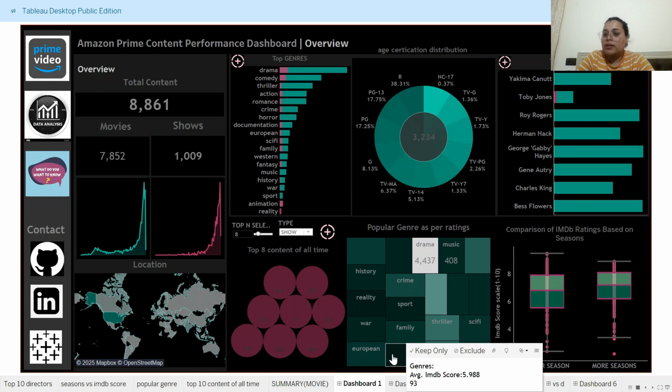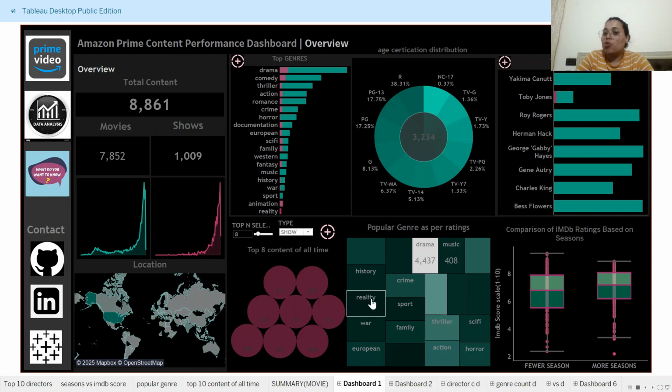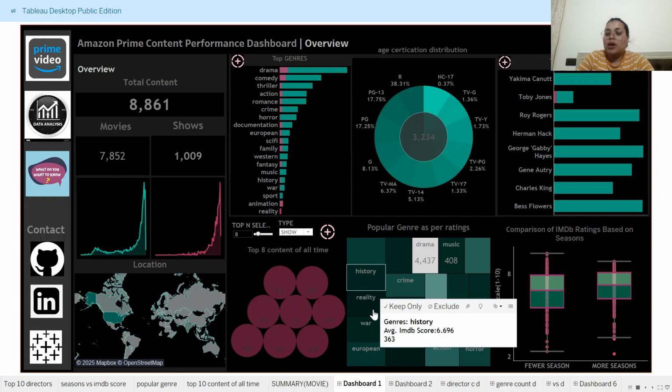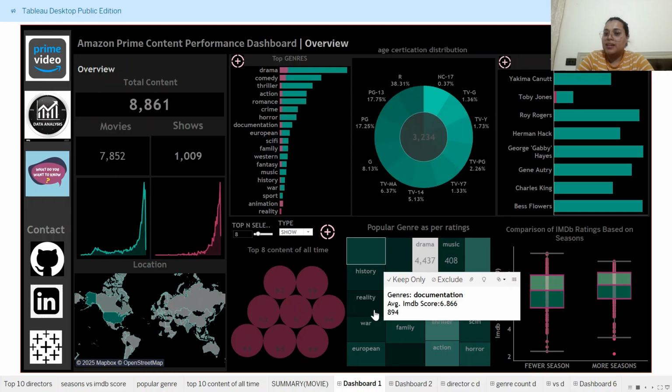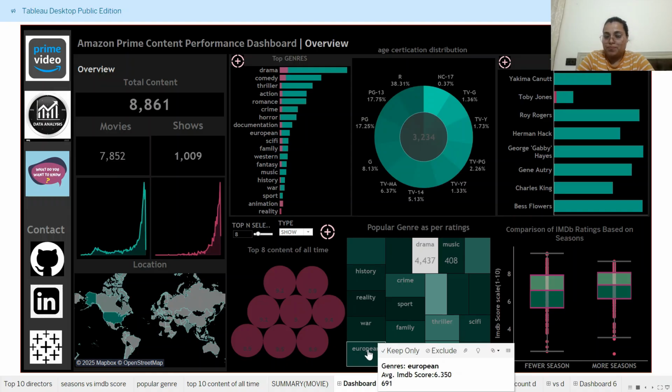If we want to retain more viewers, we need to have more user engagement. So what can we do? We can do some marketing or partnership with the labels that are making movies or shows related to these genres, and we need to make some content related to these genres also, because they are leading as per the ratings.